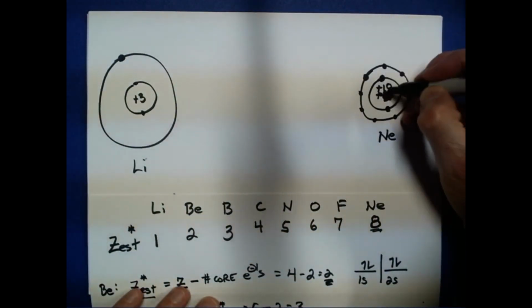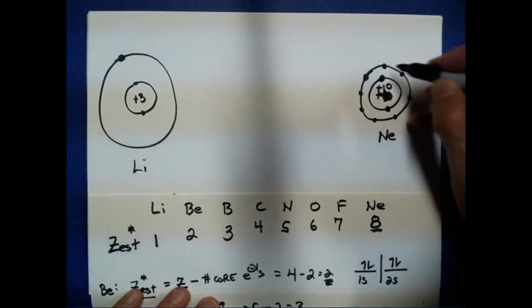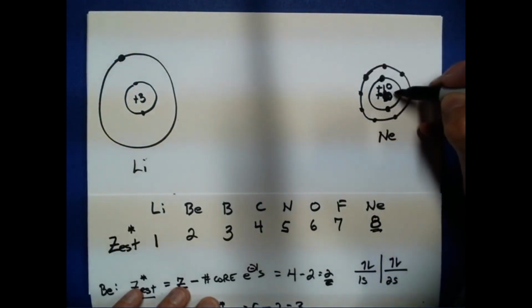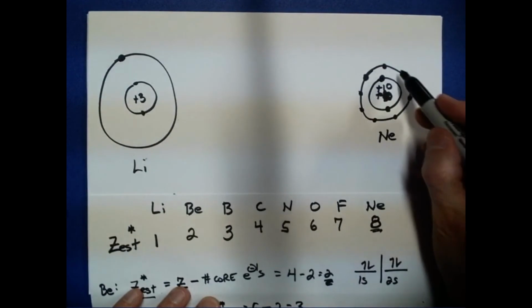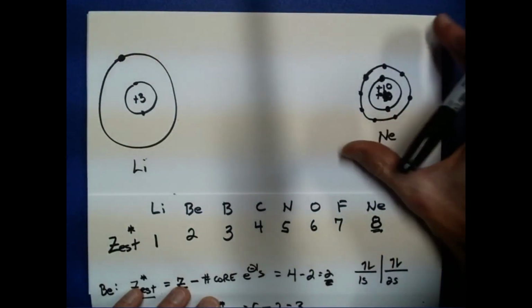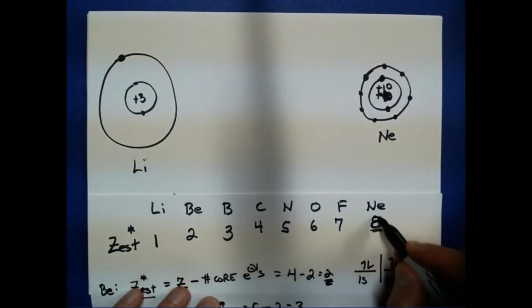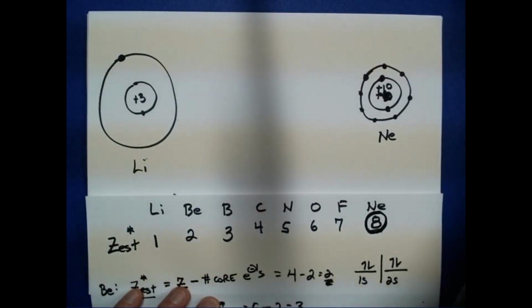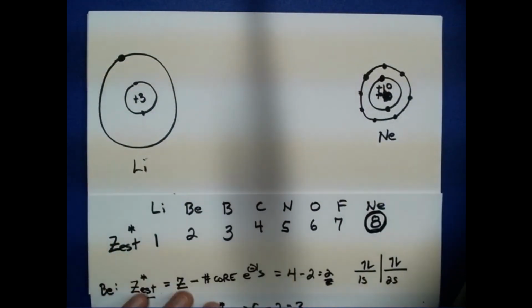And what that means is that in a neon atom, these outer electrons, these valence electrons, are going to be much more strongly attracted to the nucleus than is the case in lithium. And that's why I have drawn this second shell pulled in more tightly, because these electrons are going to be more tightly attracted to this big plus 8 effective nuclear charge, even with these shielding electrons, than is the case with lithium.